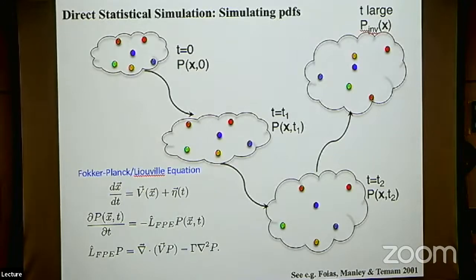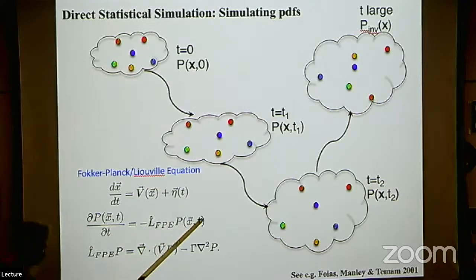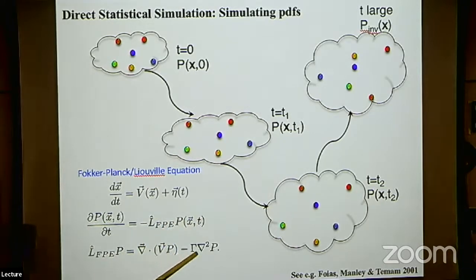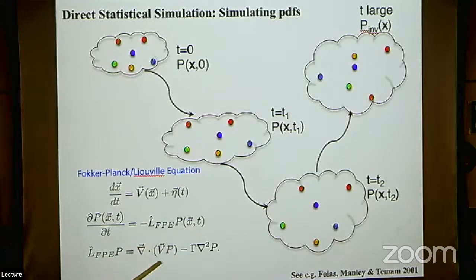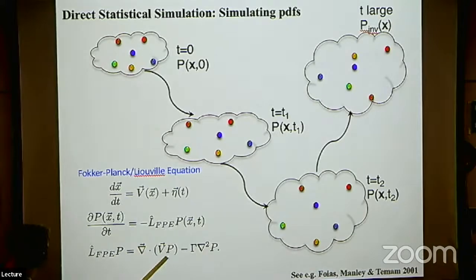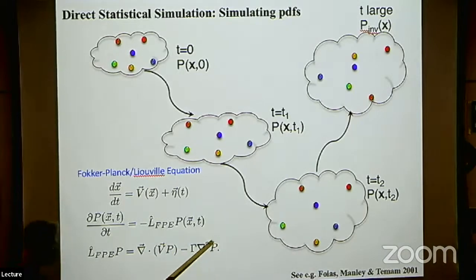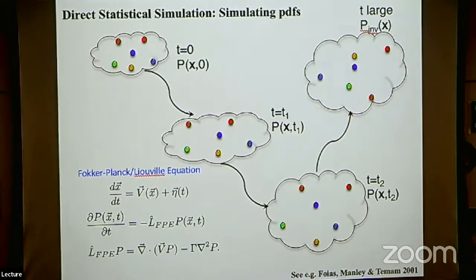And I think you all know how to do this. If you do this, you can work out the evolution of the probability p. So it looks like this Fokker-Planck operator acting on p, and this is the term which you get because of the dynamical system, and this is the term you get because of the stochastic term. Okay, so what have we done?